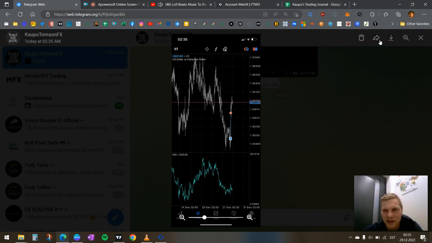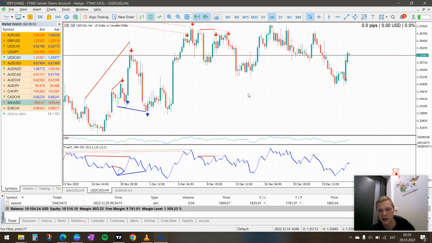But you can see that from here to here, this is a higher low, this is a lower low, this is a low, this is a lower low, this is a low, this is a higher low, right? So price, there is divergence here, and the true TL indicator isn't picking it up.